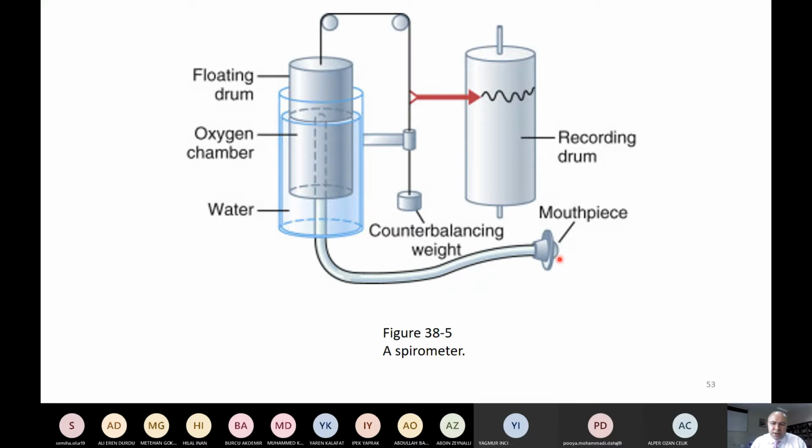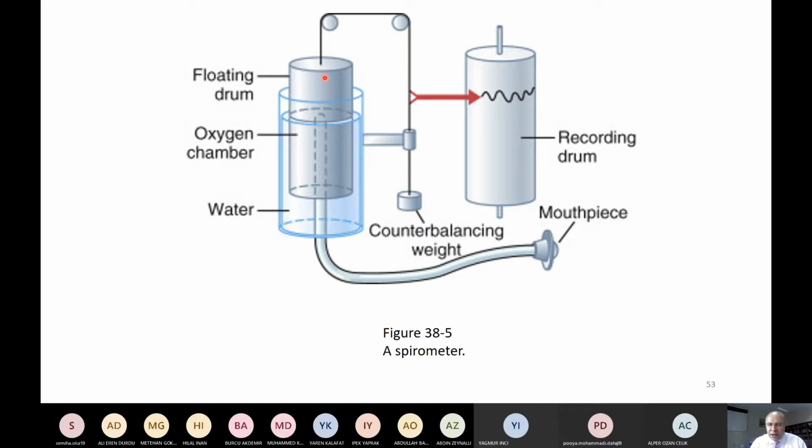So when the person breathes in, inspirates, the air inside of the drum will be decreased. When it decreased, it will go downwards, and then the recording line will go outwards, just opposite.